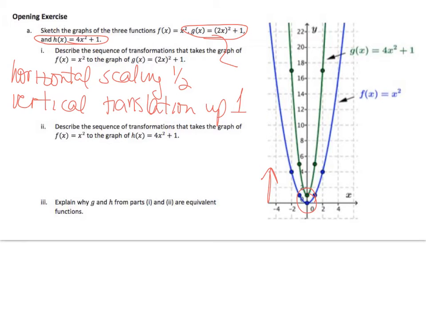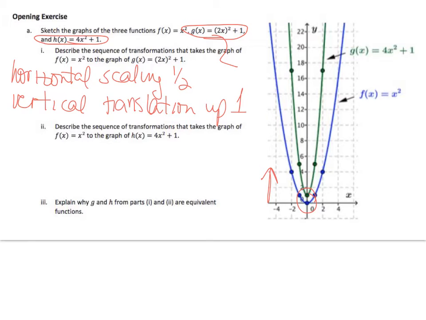In Algebra 1, we talked about these horizontal and vertical scales, and we use the words stretches and shrinks, which is why I said that. Horizontal scaling by a factor of 1/2 is a horizontal shrink because it's less than 1.